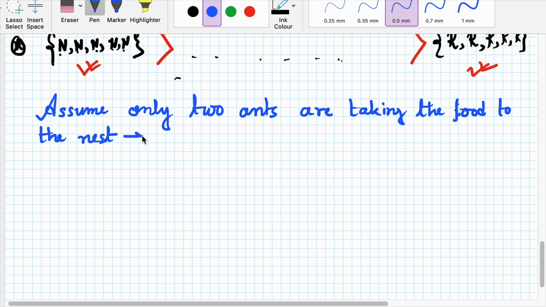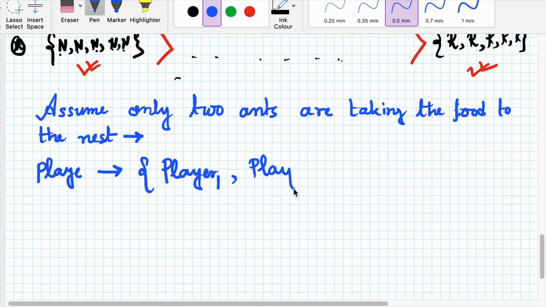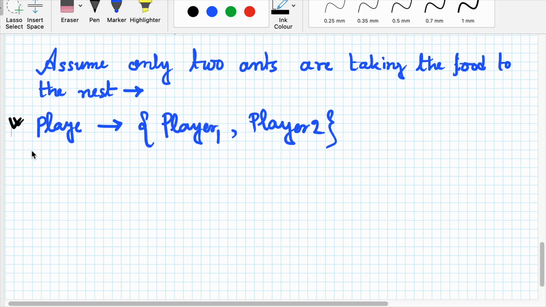So two players are there. This is the set of players. Let us name them player 1 and player 2, first and second.